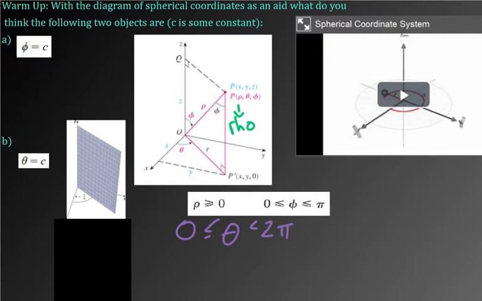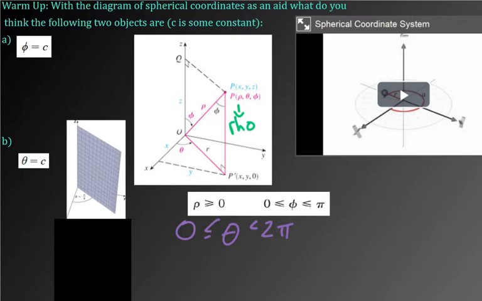equal to a constant is a very specific shape that you actually know. It's saying that theta can be anything, so you can go fully around the z-axis. Rho can be anything. You can let the radius go out to infinity in any direction you want.